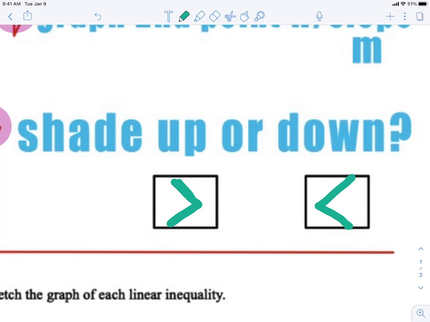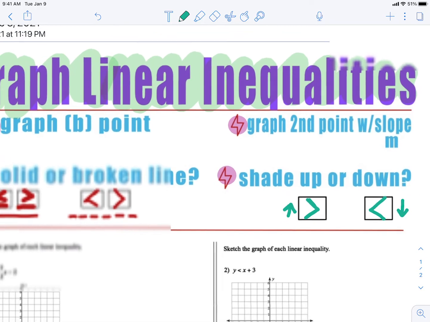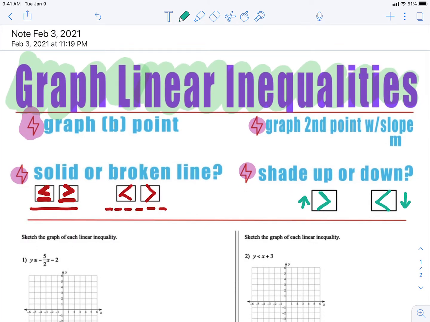Now, this includes also if it says greater than or equal to, or less than or equal to. So this one we're going to shade up. Greater than, less than, we're going to shade down. And those are the main points that we need to consider when we're going to graph.